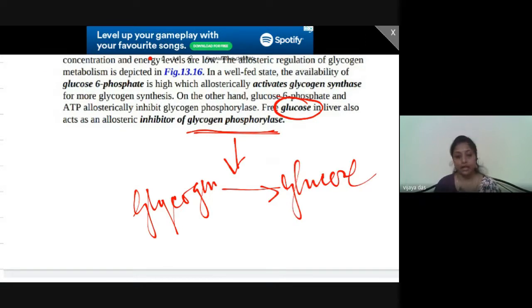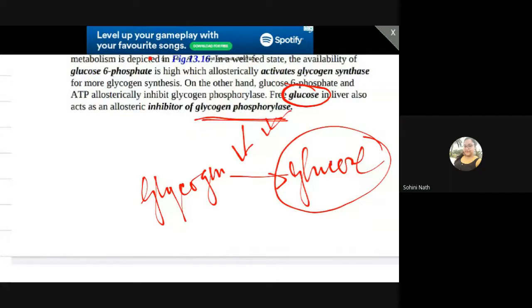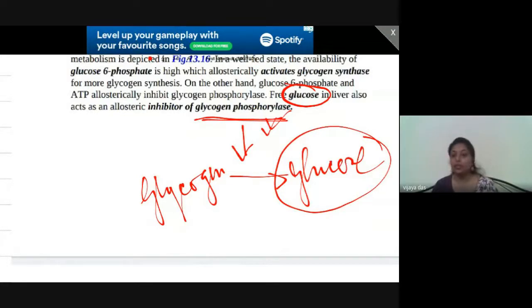Which means that, say for example, in the blood there is an excess amount of glucose, right? So at this point, do we need this enzyme to break glycogen and to produce glucose? No. The body already has glucose, so we do not need this enzyme right now. We want to stop this enzyme. So how to stop this enzyme? If there is excess glucose in the body, it will go and bind to the enzyme at the allosteric site.